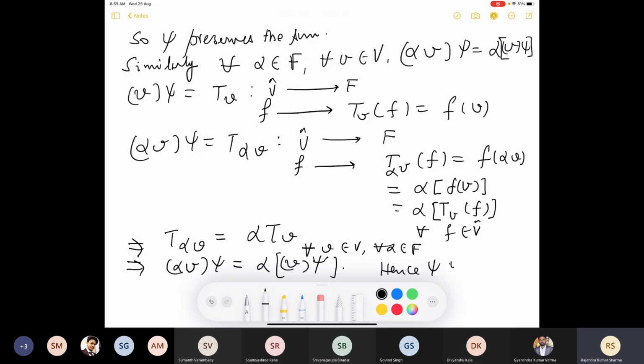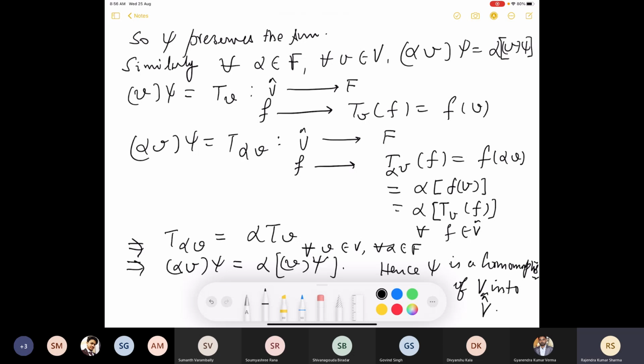Psi is a homomorphism of V into V hat hat. You have to prove that this is 1 to 1 and this is also onto.